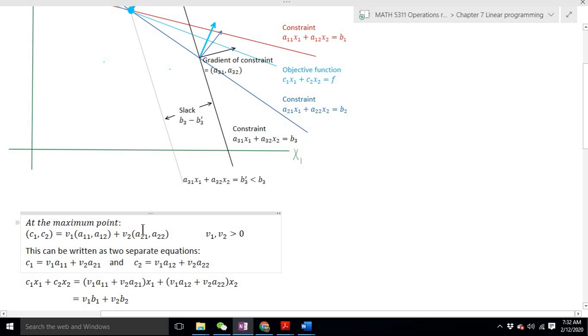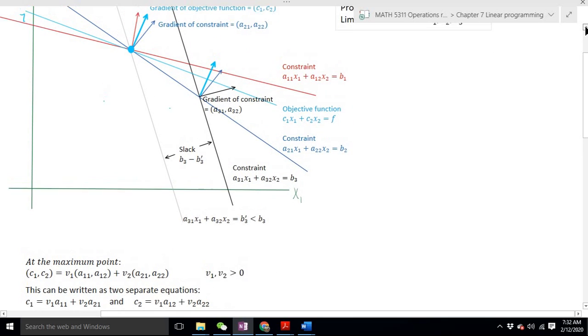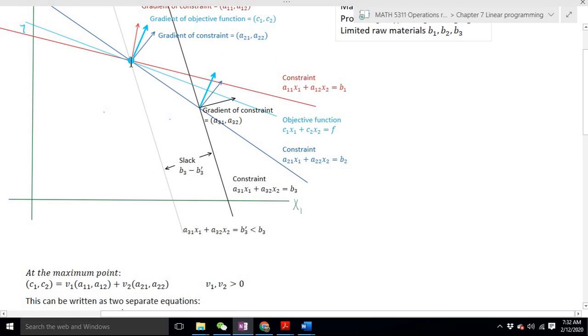So the duality is between points, locations, and gradients. Right? So that's the relationship. And gradient is rate of change. So you've got this kind of back and forth relationship. And I could do the same thing for a minimization problem, and you'd get a similar result.